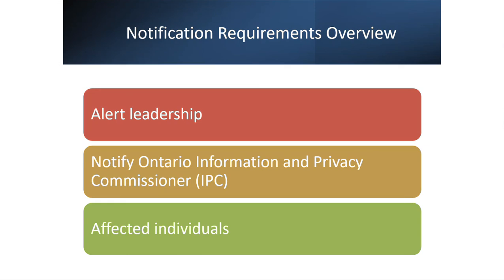So this is required if there's professional misconduct, for example. I don't know what that means specifically. That's not my realm. But you need to notify the applicable college, like the College of Nurses, for example.